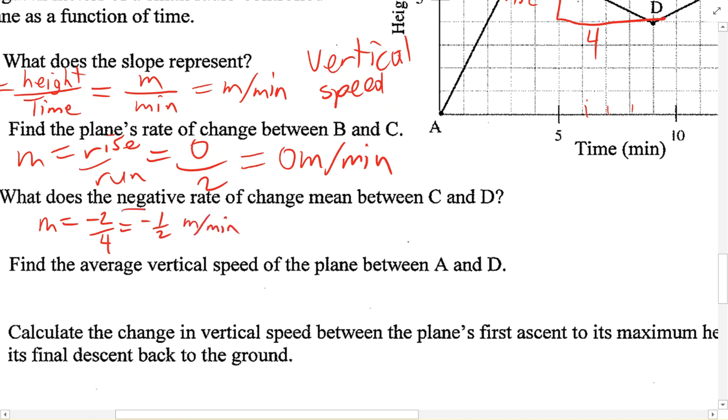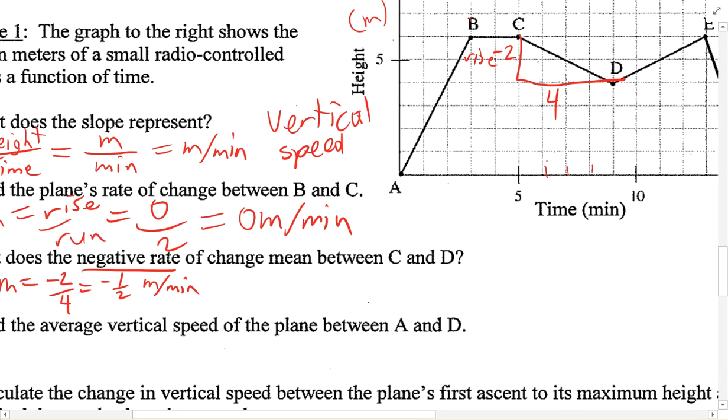So what does the negative rate mean? What's happening with the plane here? Yeah, it's going down, right? So the negative rate means that the plane is descending or decreasing in height.